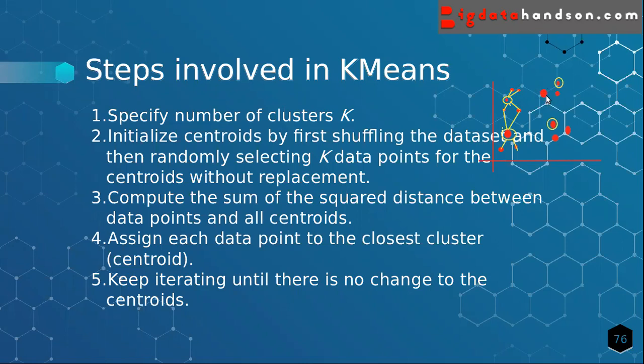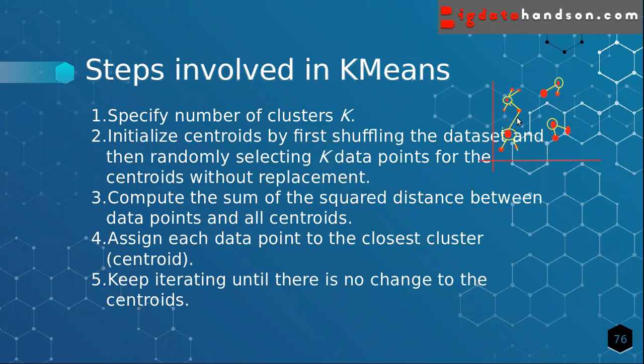I need to assign it to the cluster that is nearest to it. So this cluster is near to this point, so I will assign this point to that cluster, and this point also belongs to this cluster, and these 2 points also belong to this cluster, because they are far away from the other cluster. But what about this point? This point is closer to this cluster, but it's far away from this cluster, so we can remove that.